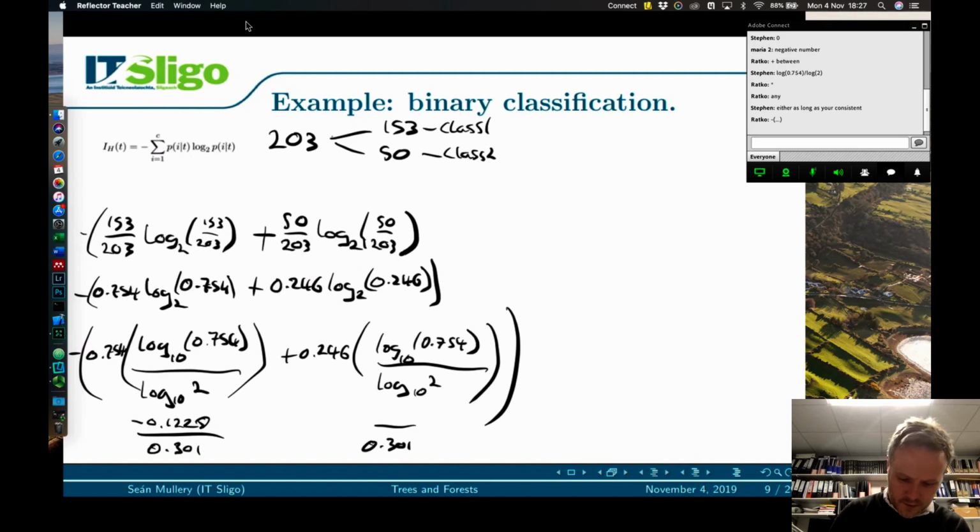I've put the wrong number up here. Okay. So then we'll get log to the base 10 of 0.246, and that came out as minus 0.609.